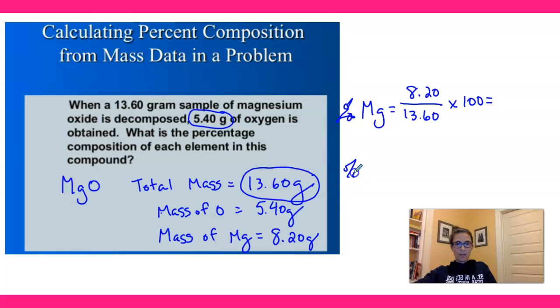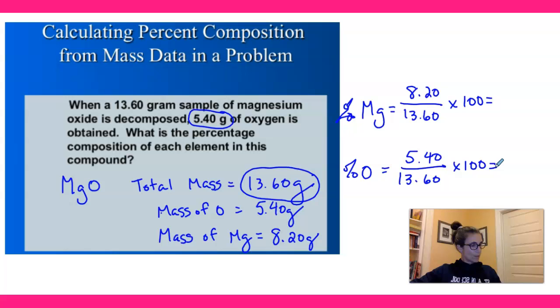And then my percent oxygen is going to be 5.40 divided by 13.60 times 100. Let's see what we get. 8.2 divided by 13.6 times 100 gives me 60.3%. And then for oxygen, 5.4 divided by 13.6, and I get 39.7%.